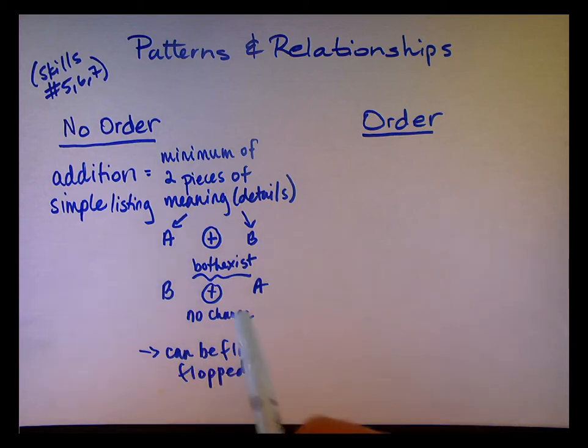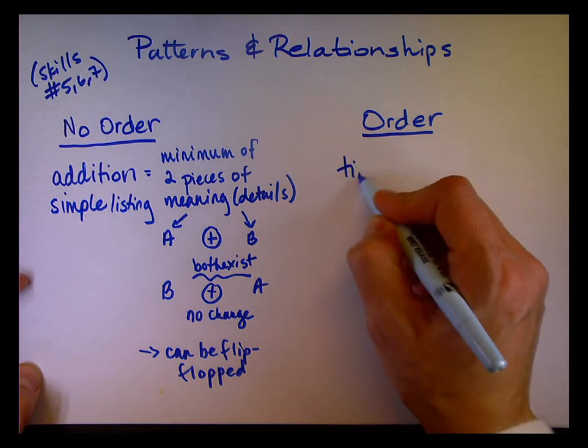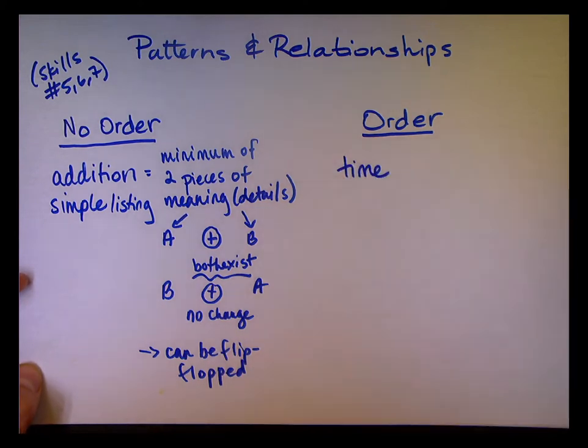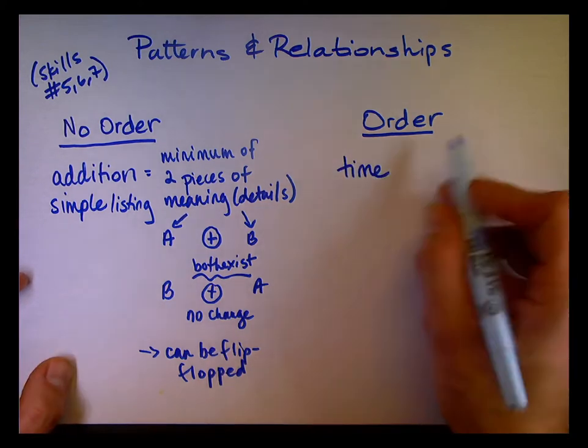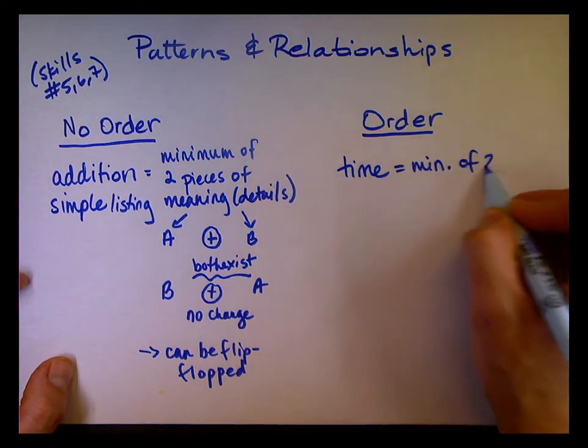Let's say we have 2 things, and they're both mentioned, they both exist, but now they have to be in a certain way. We cannot flip-flop them. Well, there's a variety of orders that can be used. One of the main orders that we use in our day-to-day lives is time order.